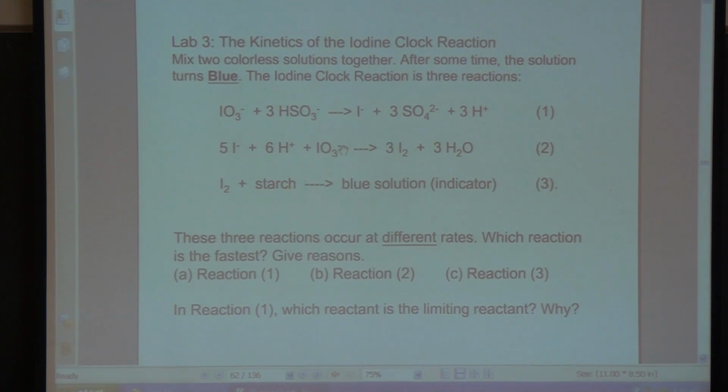And where does the IO3 minus come from? That comes also from reaction 1. So the I minus reacts with IO3 minus in the presence of H plus or acid, and that produces I2. Once I2 is produced, that's going to react with starch in the solution, and it's going to make that solution turn blue.